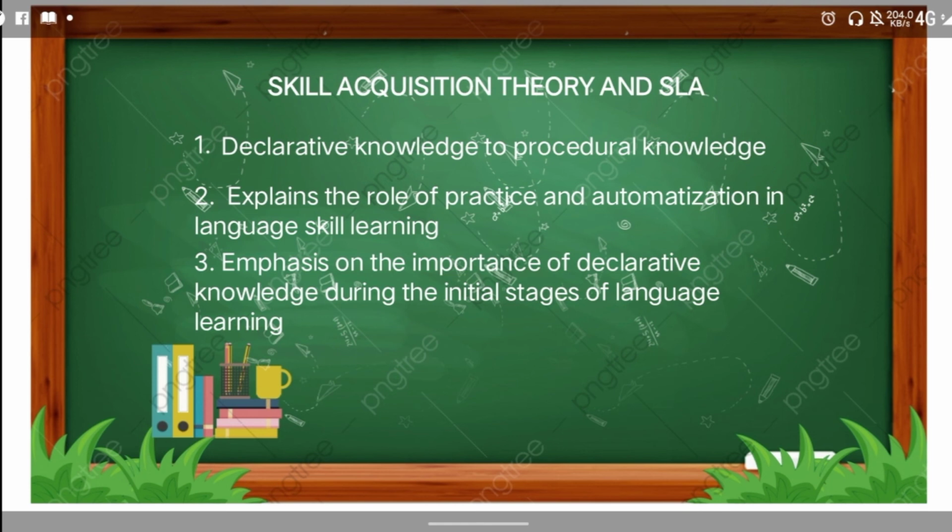But with skill acquisition theory, both procedural and declarative knowledge were given equal importance. And according to Johnson, in skill learning, he argued that both declarative and procedural knowledge are part of language competence.